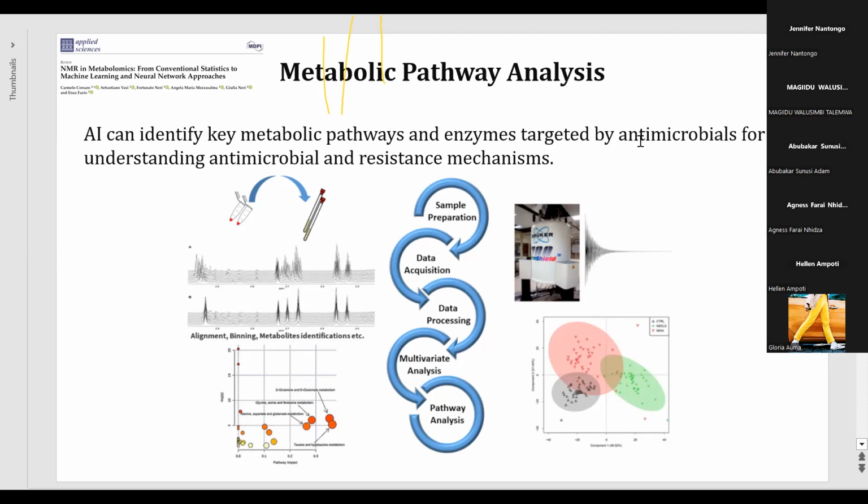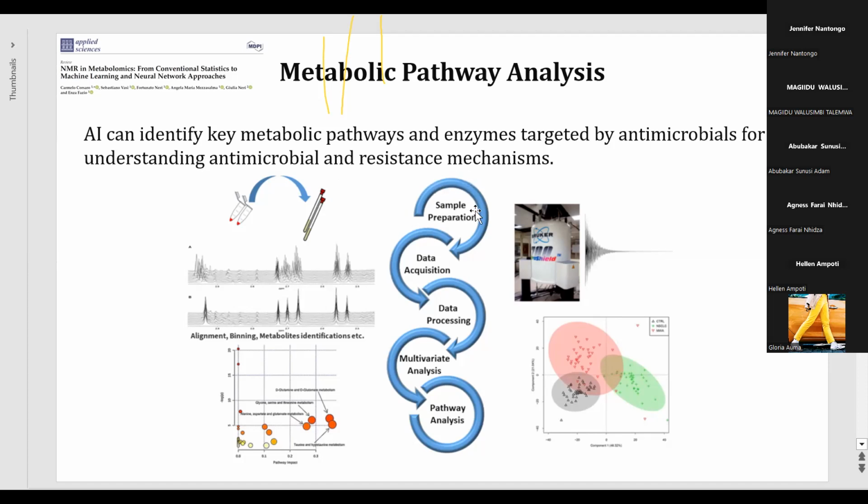The antimicrobial will bind to the enzyme, and then the particular function will be stopped in the pathogen, because of which the pathogen will die, or it will be static, that is, the growth will be inhibited. And also it is used for understanding the antimicrobial mechanisms and the resistance mechanism.